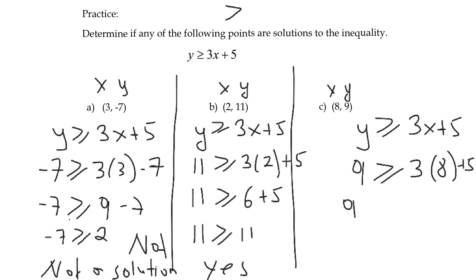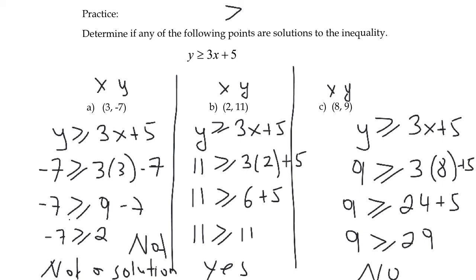So 9 is greater than or equal to 24 plus 5. 9 is greater than or equal to 29. Is 9 greater than 29? The answer is no.